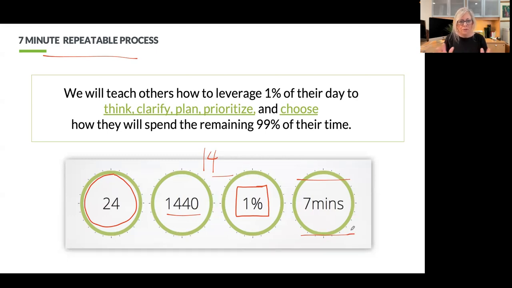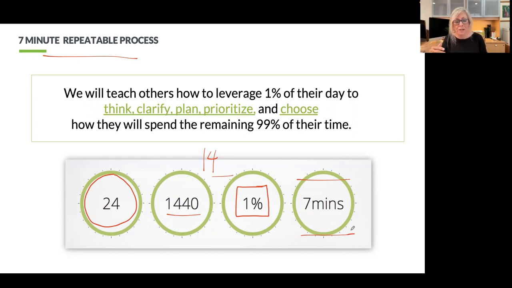What would happen if you could step out of the noise and take 1% of your day to learn how to think about what you wanted to do, to think through your goals and your priorities, and then to clarify all the things that you could do and decide, this is what I want to focus on today. And then to create a written plan of action.